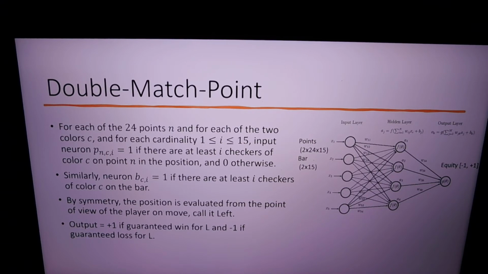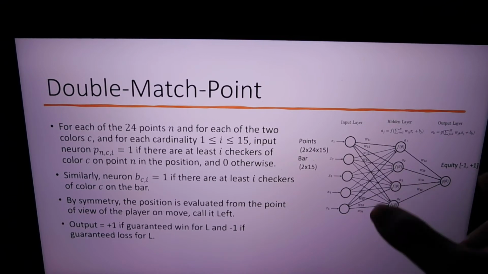We can encode that with an input neuron, and we set that neuron to equal 1 if and only if there are at least I checkers of color C on point N in the position, and 0 otherwise. So let's think about it: there are 24 points, 2 colors, and 15 different checker counts, so 2 times 24 times 15. That's about 700 different input neurons that go into the network. These are the inputs to the function.